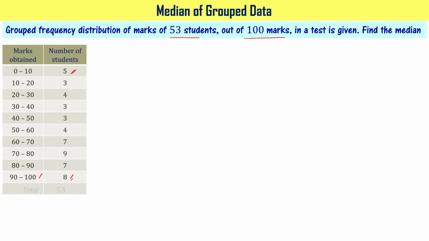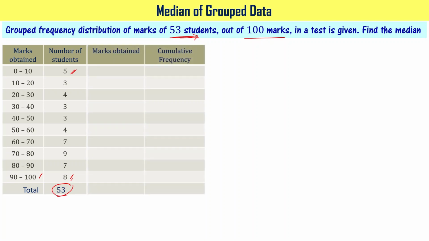Okay. As I said earlier, first check whether your sum is coming out to be 53 or not, because you said that 53 students are there here, right? It means the sum of frequencies has to be 53. Now let's find the cumulative frequency.